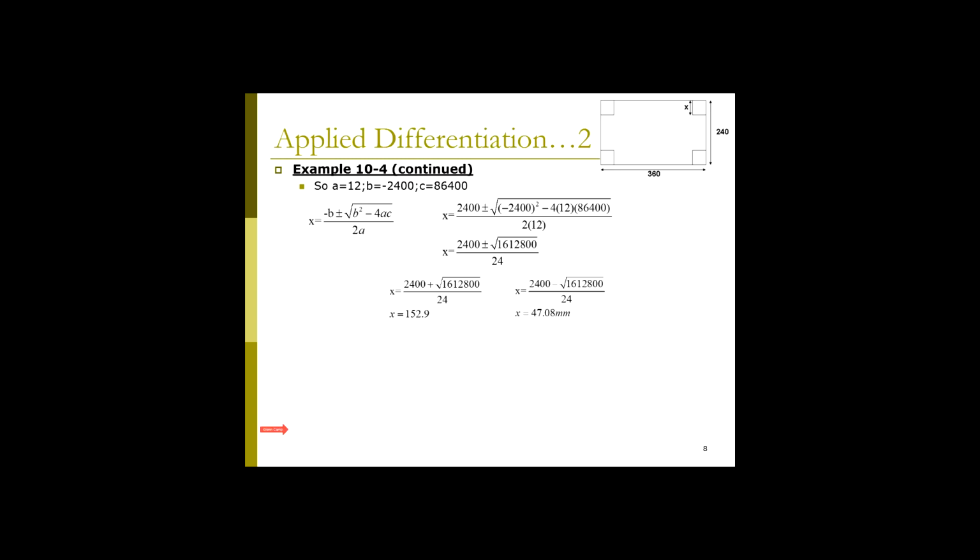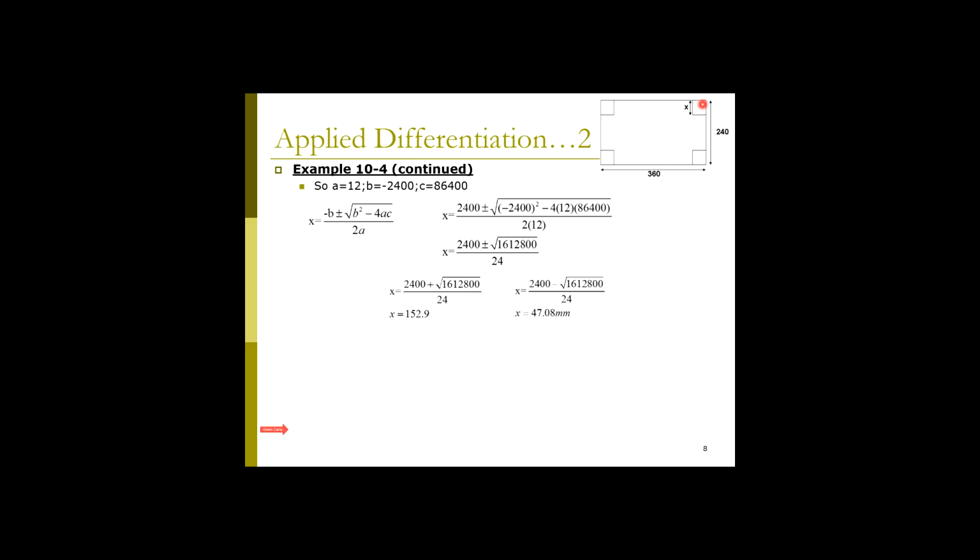For example, if we take this first value, 152.9, if we subtract 152.9 twice from 240, we get a negative value. So that can't work. So that is not our practical answer. Let's look at the other answer. 47.08 millimeters. We can subtract that from both ends here and here.